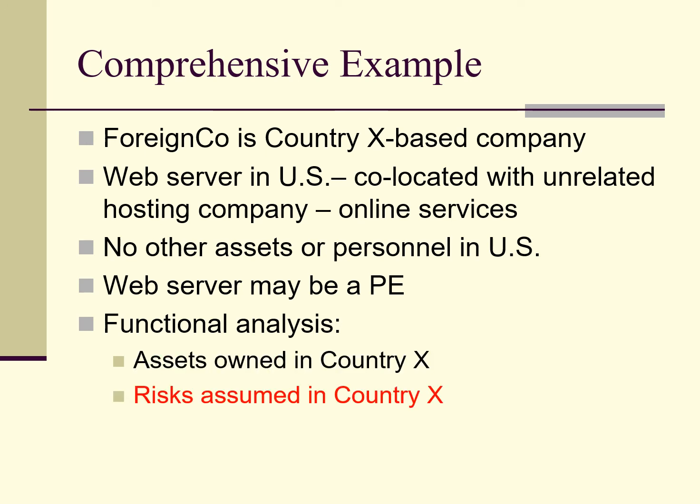In addition, all of the significant business risks associated with the operation are assumed by the Country X company. Business risks in this case include primarily money invested in creating the software and data, administrative overhead, and marketing and advertising costs.